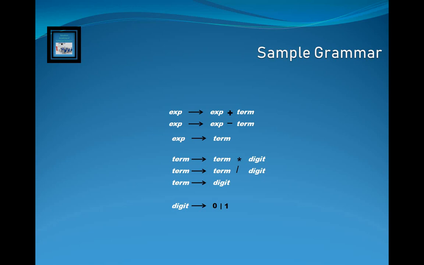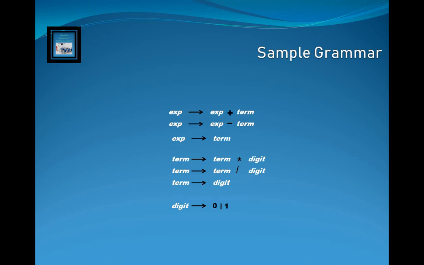And for the sake of simplicity I have not included the possibility of 10 digits, rather I have chosen only 2 digits. So the operands are 0 and 1, these 2 tokens, and the operators are plus, minus, multiplication and division, 4 tokens.